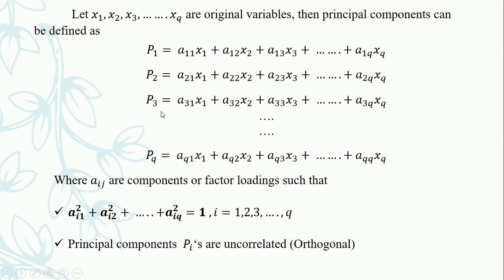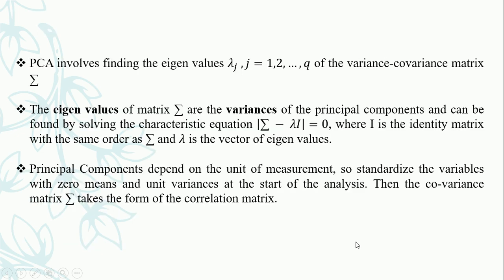These coefficients are called aij. These are all the factor loadings or component loadings. These coefficients are such that the sum of squares of these coefficients should be 1. Okay, and then the principal components are uncorrelated, so they are orthogonal to each other. These P1, P2, and so on up to Pq principal components are orthogonal to each other.